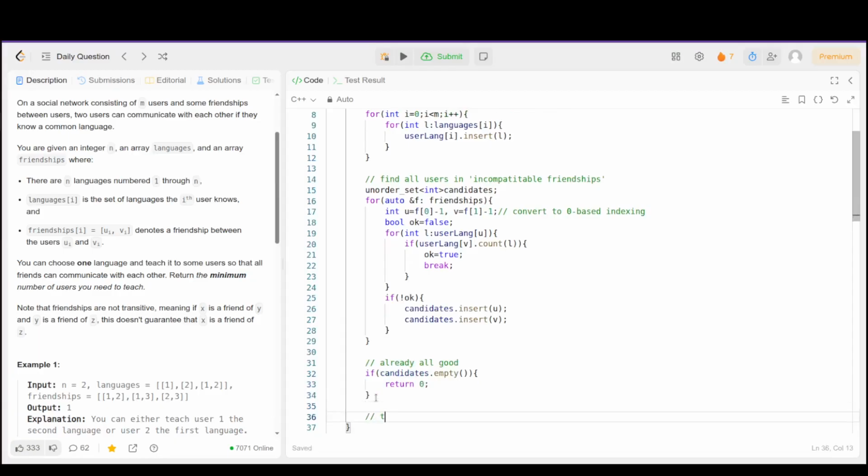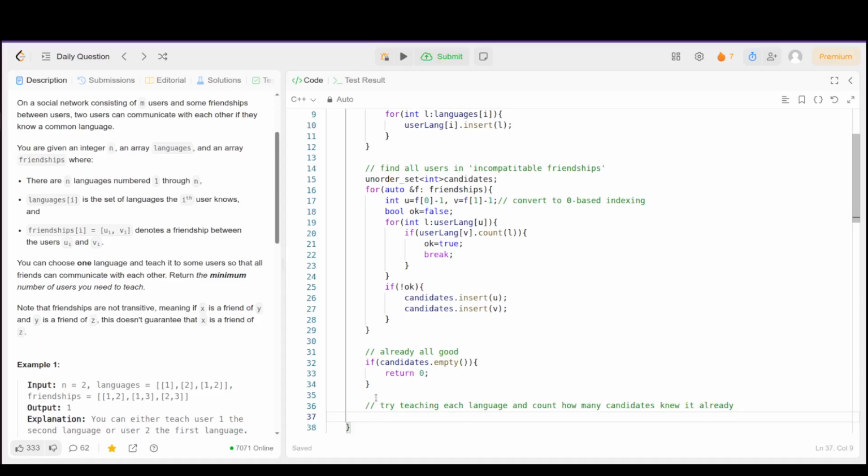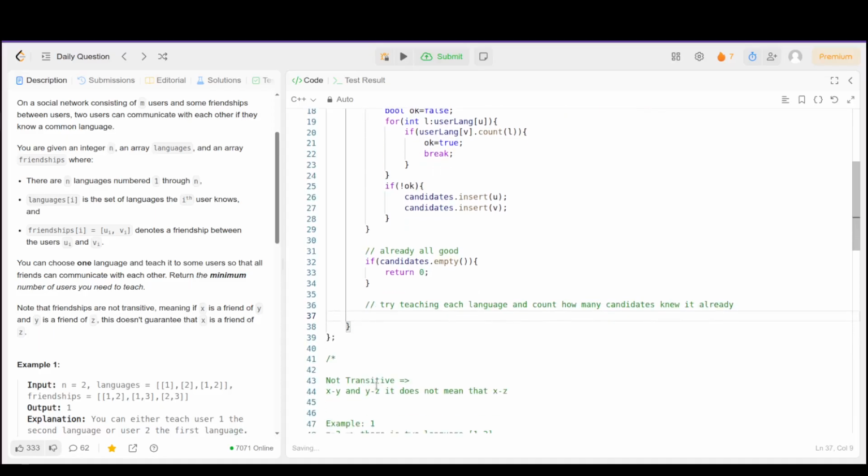Now we try teaching each language and count how many candidates already knew it. So let's take the answer as int max, that means as large as infinity.